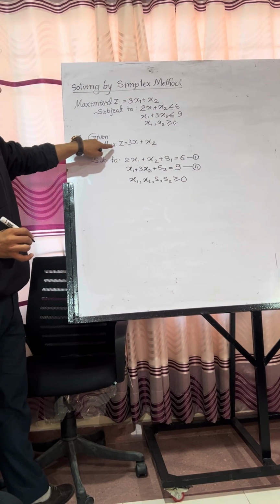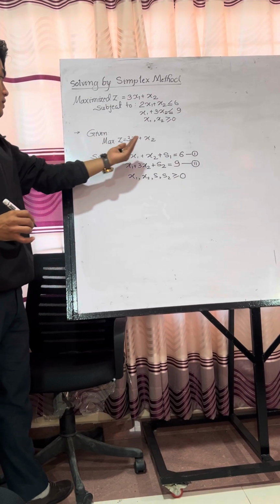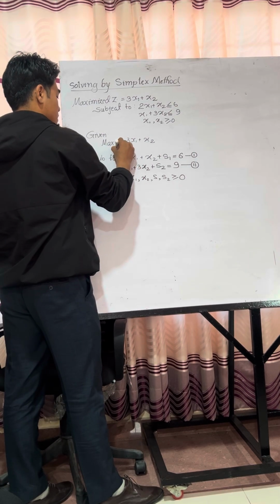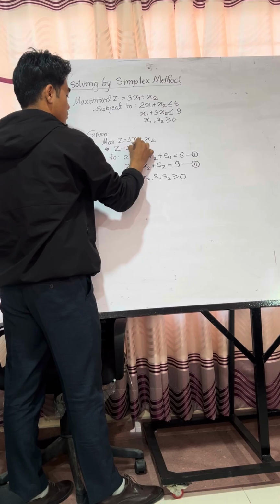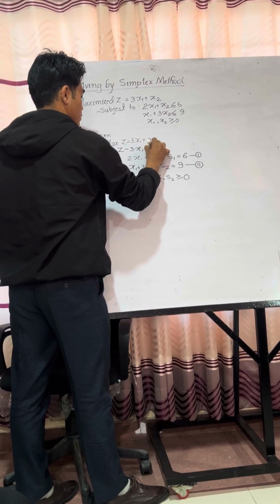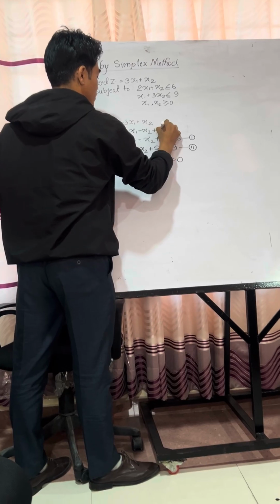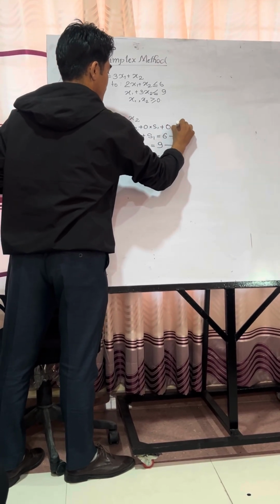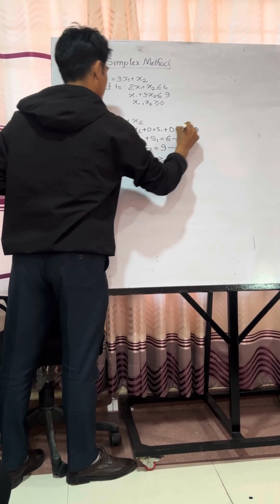Now for the maximize condition of the objective function, we will just restate it. For example, Z equals minus 3x1 minus x2. Now the slack variables are also added, so plus 0 into s1 plus 0 into s2, equals 0.